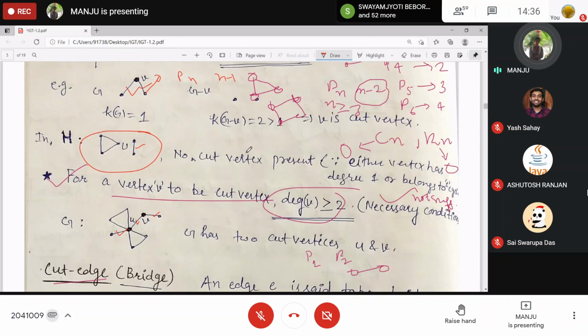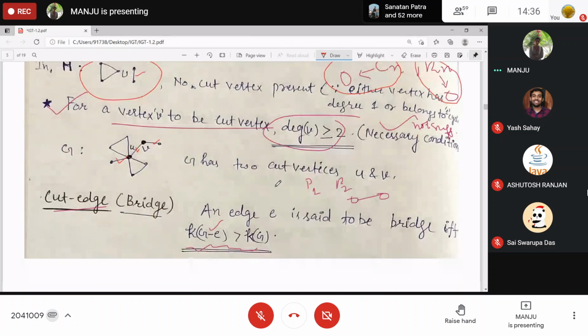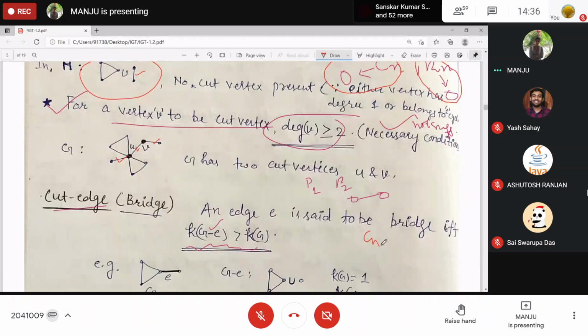Similarly, you can find for Cn. In Cn, cut vertices were 0, and in Kn also cut vertices 0. But in K2, we have one bridge, right? What can you say about Cn? Which edge is becoming a bridge?